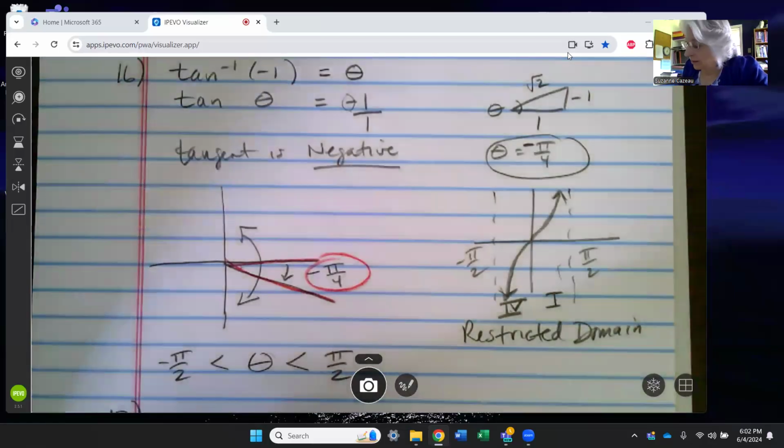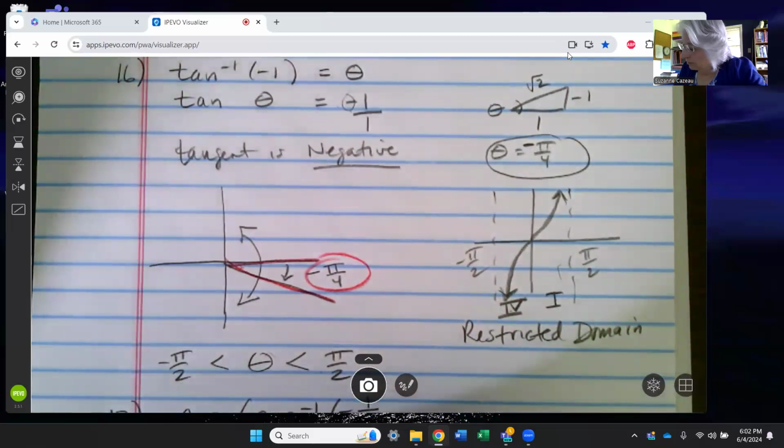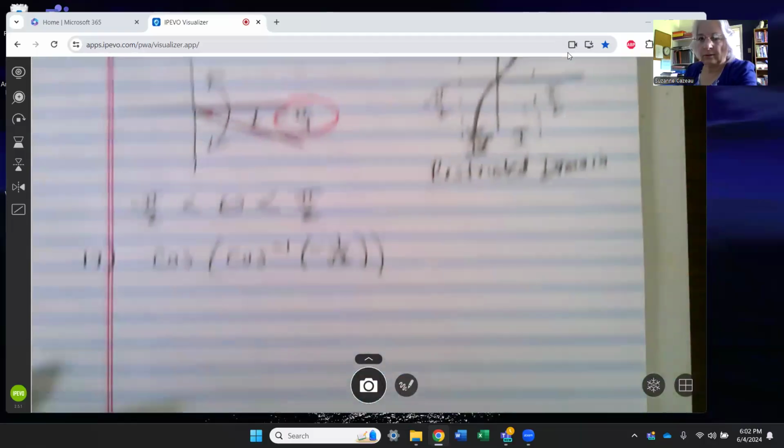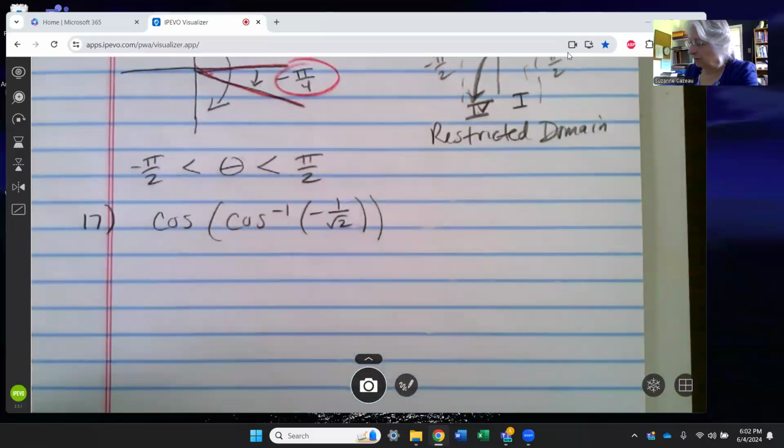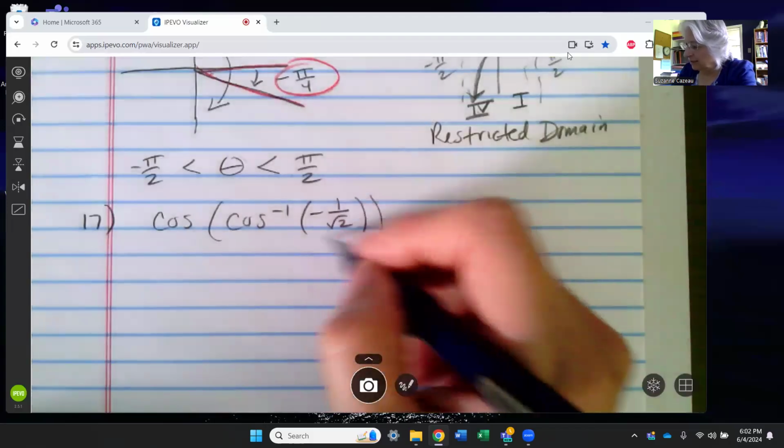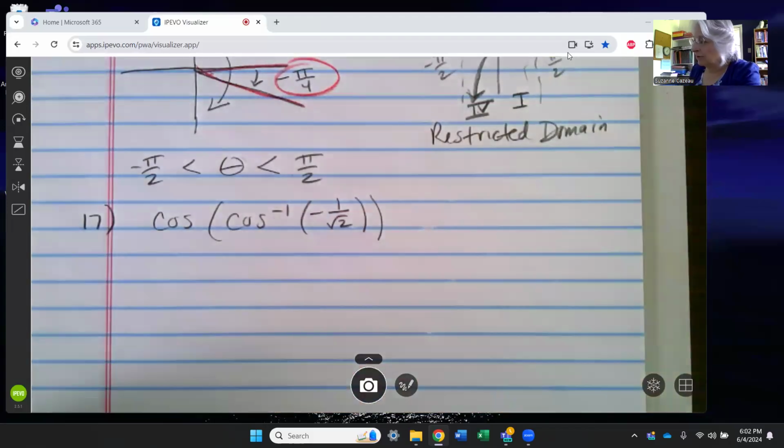Okay, so we've got cosine of the inverse cosine of negative 1 over root 2. See, now this is where I wish I had my pretty pictures with me. Now you have to say to yourself, self, is this in the domain of the inverse cosine?